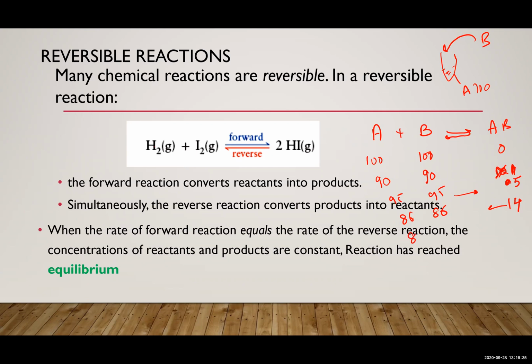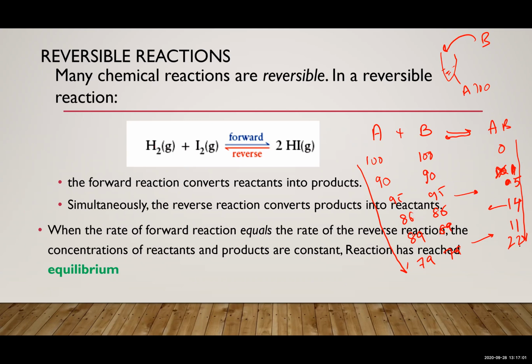So this will be 89, and that will be 11. And then go forward again. So that will be 79, and this will be 22 and some. So you can see slowly they are decreasing and slowly this is increasing. Can you see from these numbers?